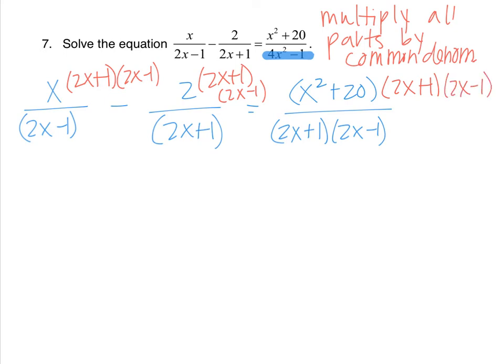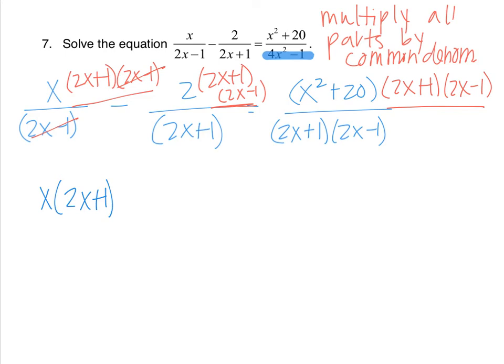So now to simplify, and I only did it on the top. I did not multiply by anything on the bottom. So think of this as being part of the fraction now. And this one I know is a little scrunched. So this first fraction, what simplifies? Well, I have a 2x minus 1 and a 2x minus 1. So those are gone, and I'm left with x times (2x plus 1). No fraction anymore.